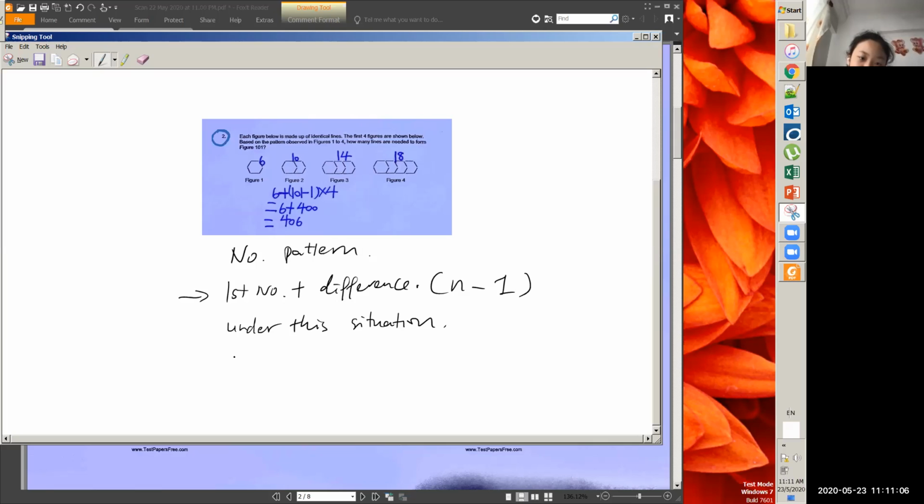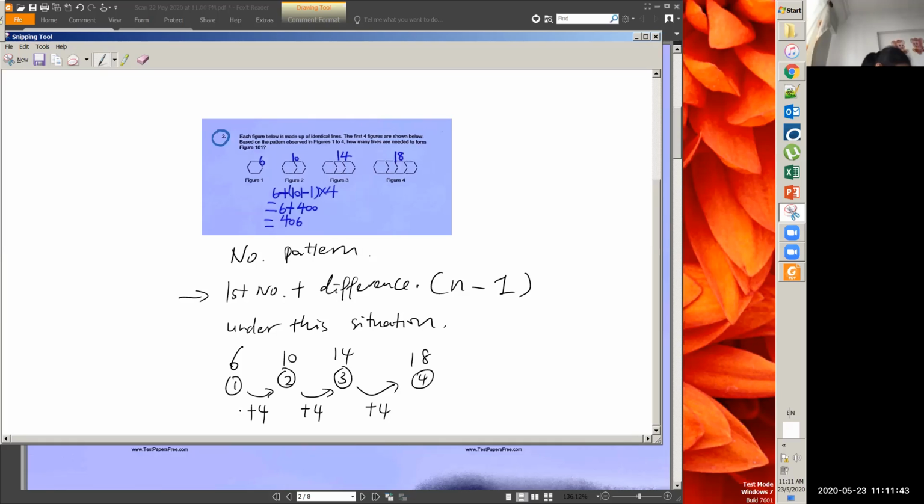Let's say if I talk about this question, this is the first number, 6, and then next is 10, 14 and 18. So this is the second number, third, and then fourth. Now you can see that the difference between the first and the second is plus 4, and between the second and the third is also plus 4, and between the third and the fourth is also plus 4.